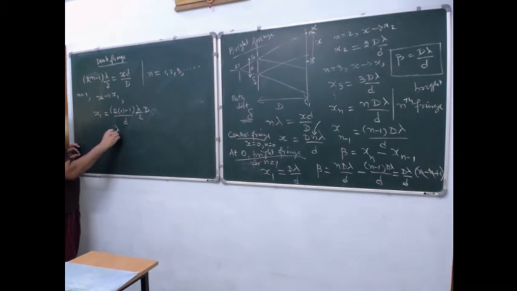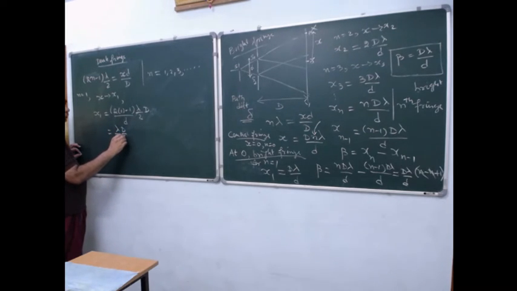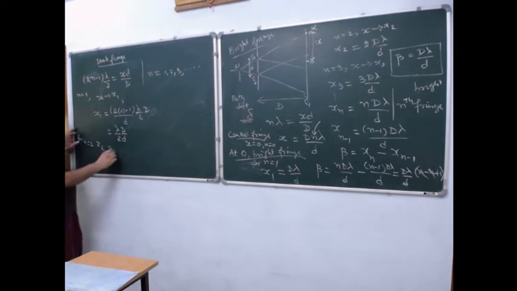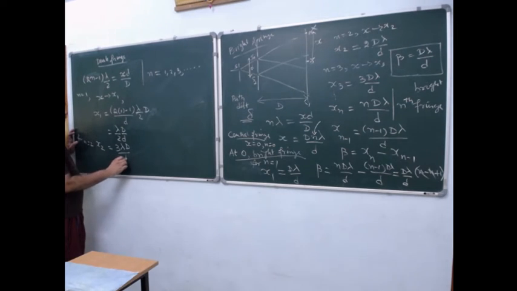So, lambda by 2 into D by small d. Then what is x2 for n is equal to 2? So that is equal to 2 into 2, 4 minus 1, 3 lambda D by d.